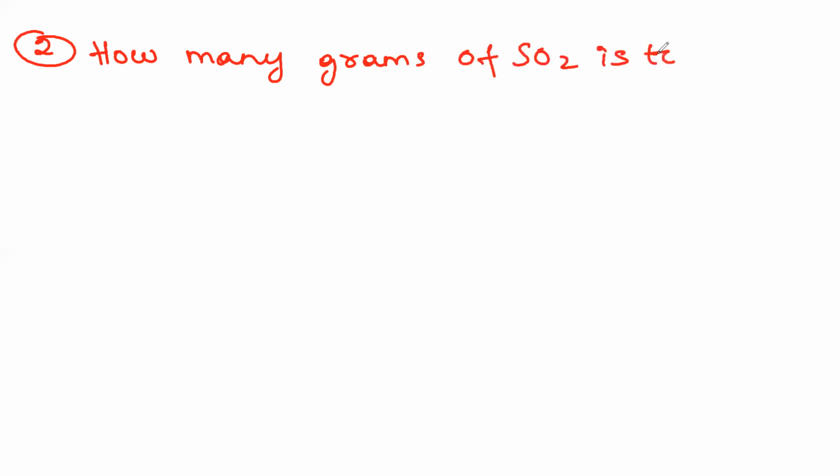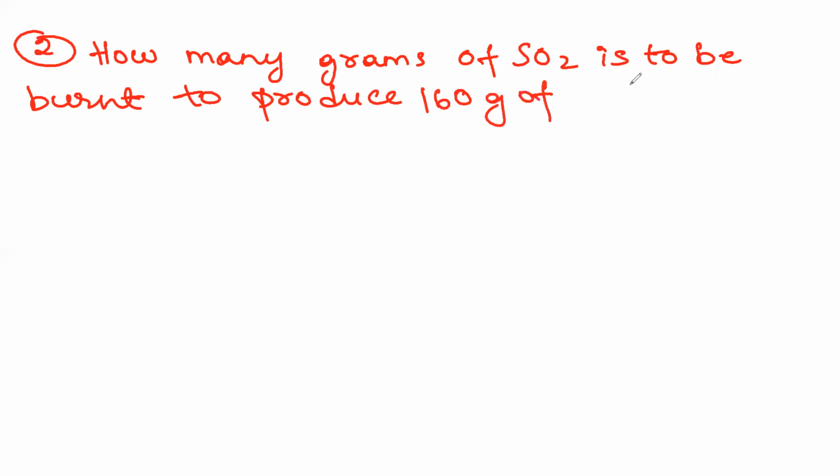Question number 2. How many grams of sulfur dioxide is to be burnt to produce 160 grams of sulfur trioxide, SO3, at STP?